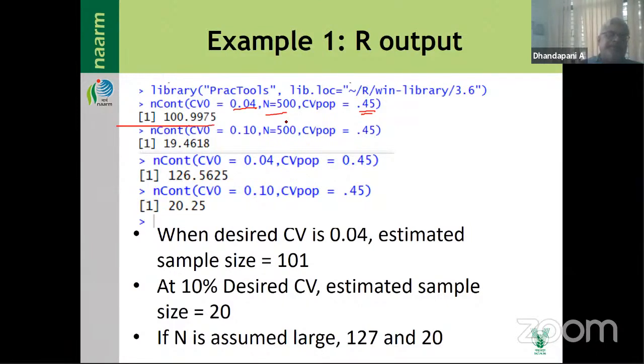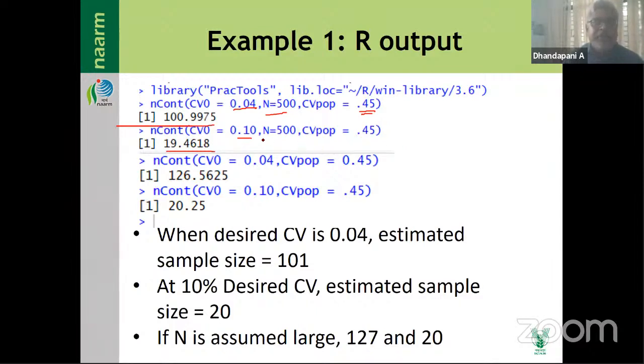On the other hand, suppose I relax this condition. Say I am okay with up to 10% CV. I don't require the CV of my estimate to be 4%, but I relax this to 10%. Then the number of samples comes down to 20. So it is all going to depend on this.